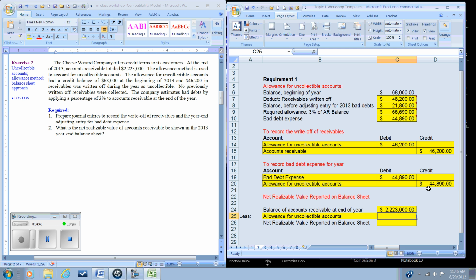That is not just the amount that we recognize for the period, but the full contra balance, which after our adjustment is going to be equal to the required amount of $66,690, and that will give us a net realizable value on our accounts receivable that is equal to $2,156,310.